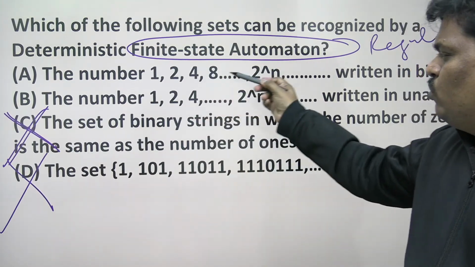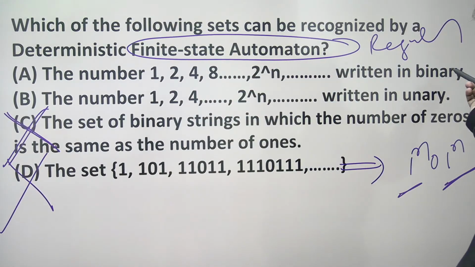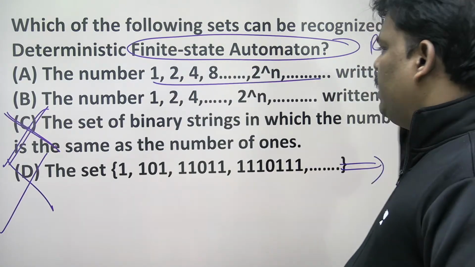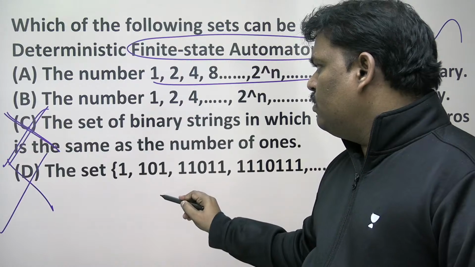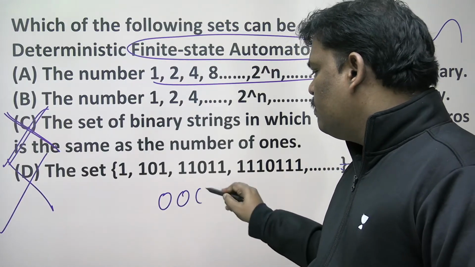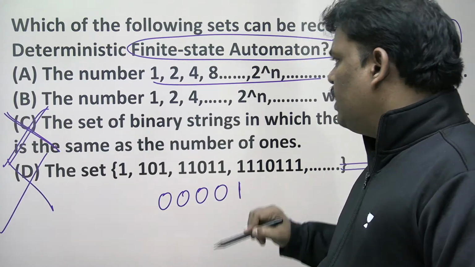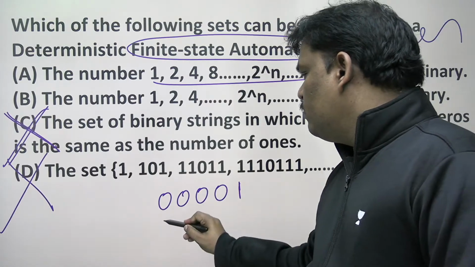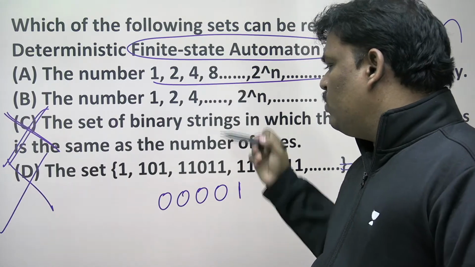Next one, the numbers 1, 2, 4 and so on, 2 power n, written in binary. These numbers in binary format. Let's see this one. The first one is 1.